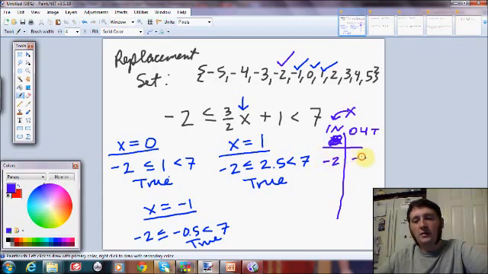We got -2, so it checked because it was between -2 and 7 like it's supposed to be. Well, we try -3, and 3 halves of -3 is -4.5, plus 1 is -3.5. And that's not correct. It's not on the correct side of -2. It's not going to be between -2 and 7.